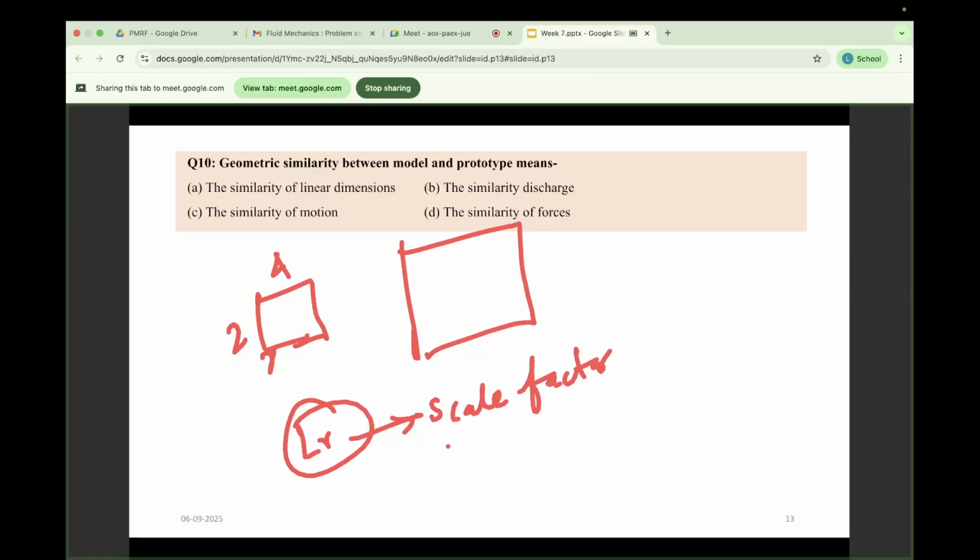Say the scale factor value is 3. That means if it is 2, it should be 2 into 3, that is 6. It should be 4 into 3, 12. So in this way it will work. So in case of geometric similarity, a length scale is a must. So that is the first thing.